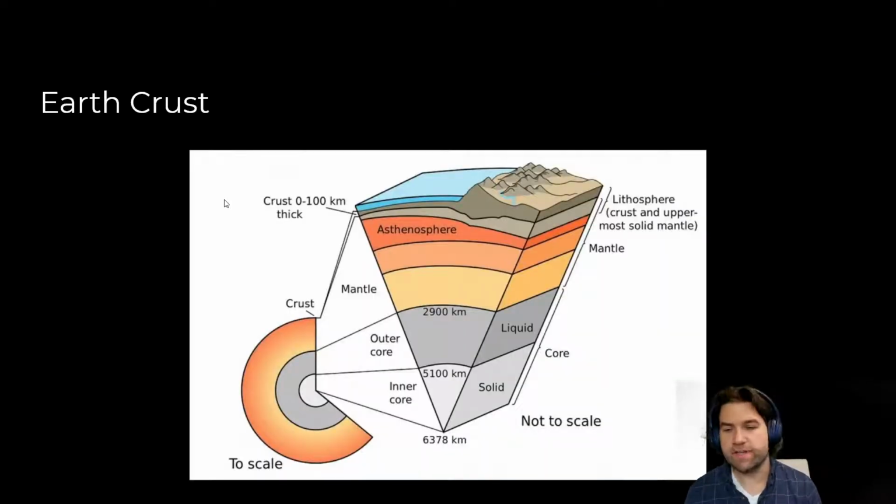The Earth itself is made of lots and lots of rocks, unless we're talking about moon rocks or rocks from meteorites. We can assume every rock you're going to run into on this planet came from Earth itself. And there's a lot of different layers to this. So our Earth has its solid inner core, which is just a giant hunk of extremely dense metals, and it is actually the majority of mass of our planet.